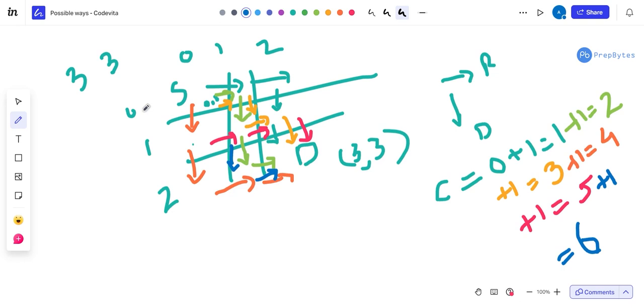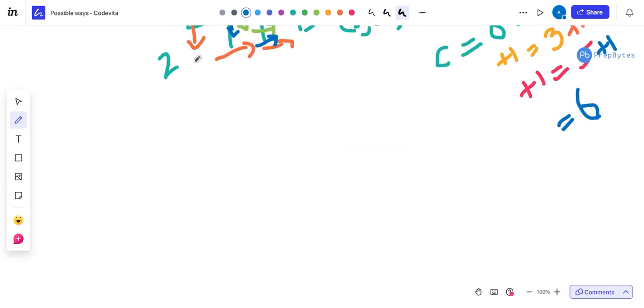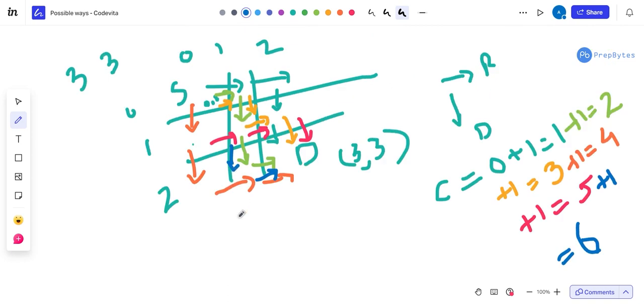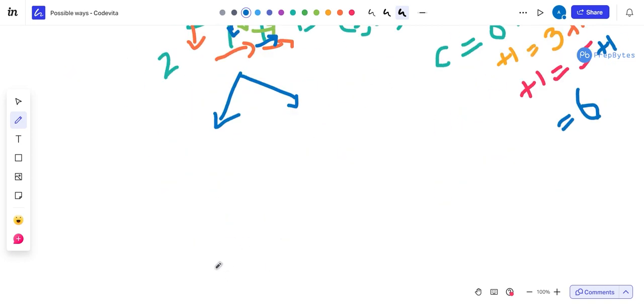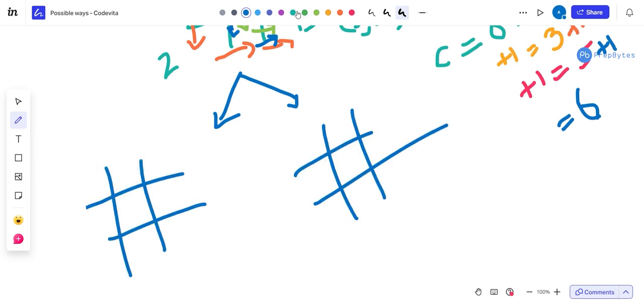How about we take one or two ways and try to expand and see how this works. Out of all the 6 ways, one way is that you go like this, like this, like this, and like this.